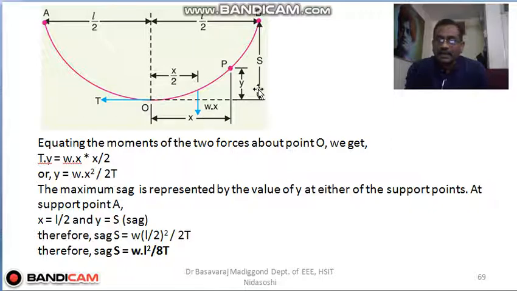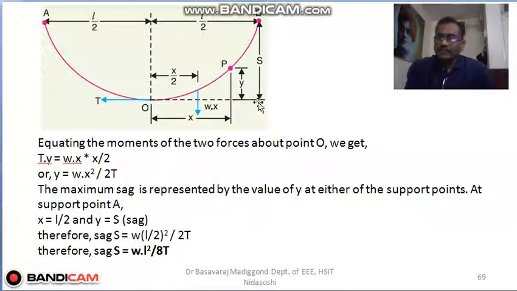T into Y is equal to W into X into X by 2, or Y is equal to W X square by 2T.